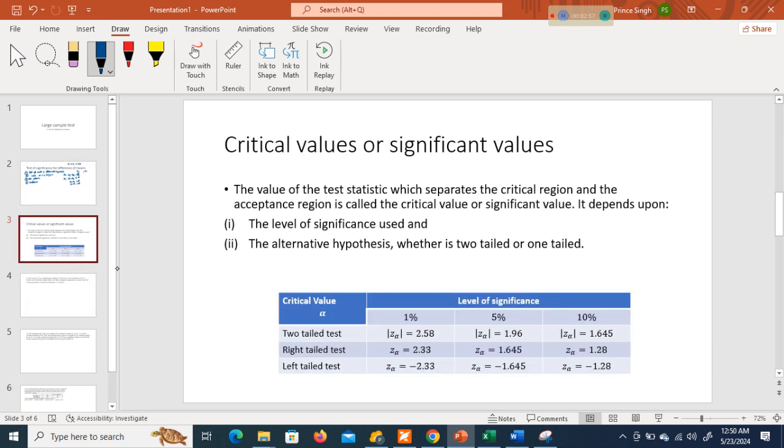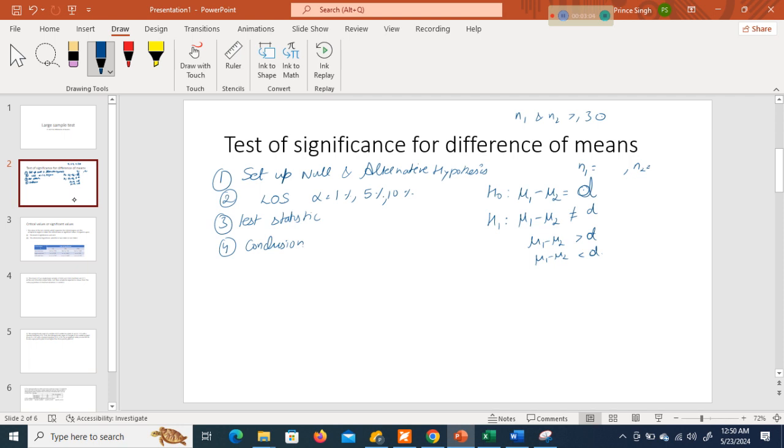We can refer to the critical value table, and then the next part is the test statistic. The formula for the test statistic is the same as we discussed in our last video: t minus expectation of t upon standard error of t, right? But in this case, what is our estimator?